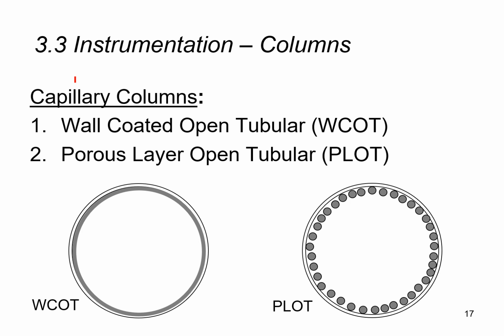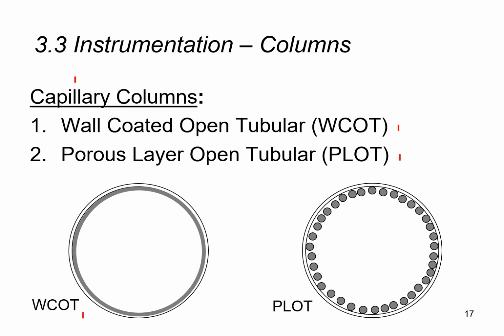Now we'll see that there are two types of capillary columns. The first is wall-coated, and the second is porous layer. These two are very similar, and they differ purely by design. The wall-coated capillary column has the inner side of the column coated with a polymer.